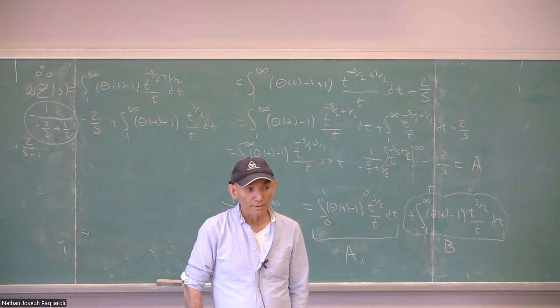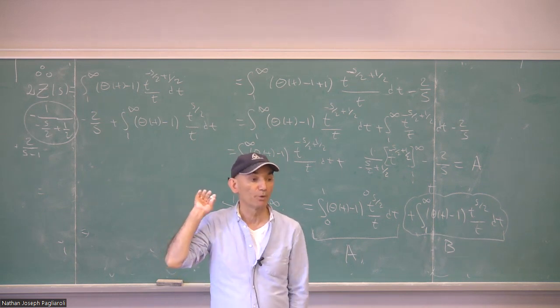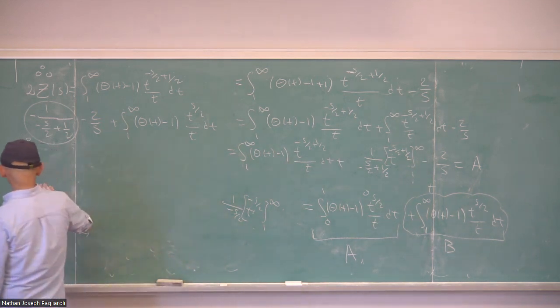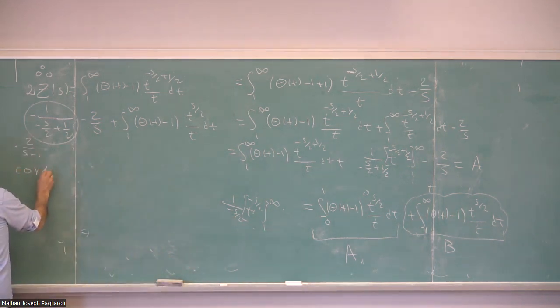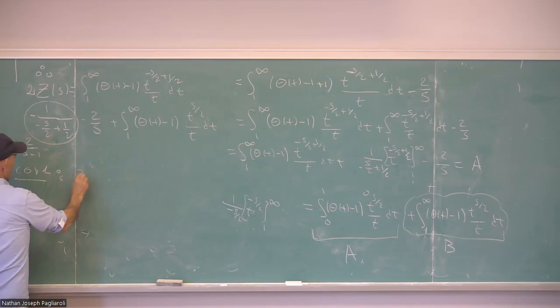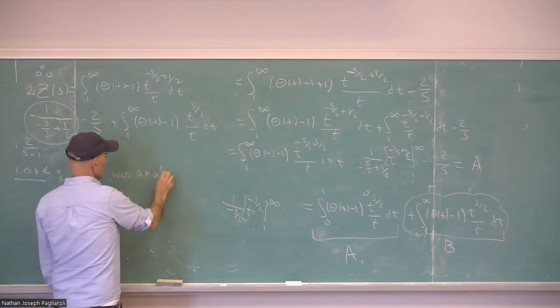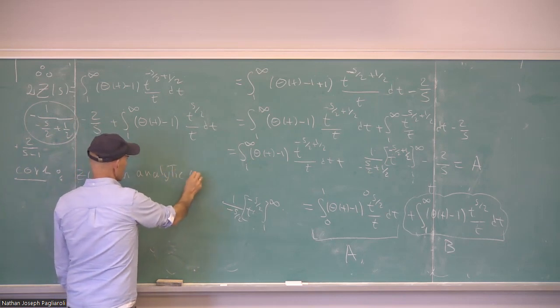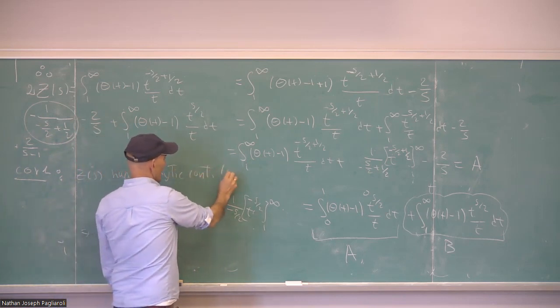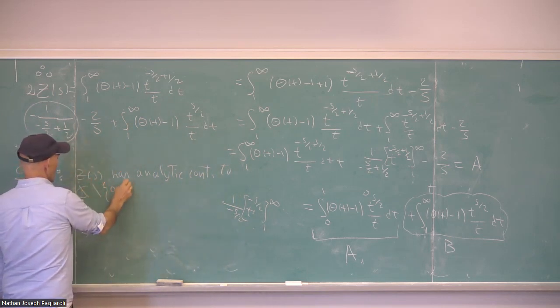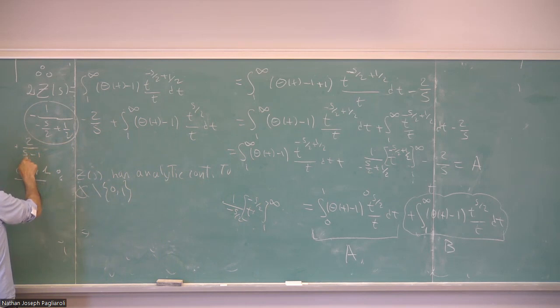We know that, but we are confirmed again by this method. So the first corollary is that Z of s has analytic continuation to C minus {0, 1}, which are these two things, 2 over s minus 1 and 2 over s.